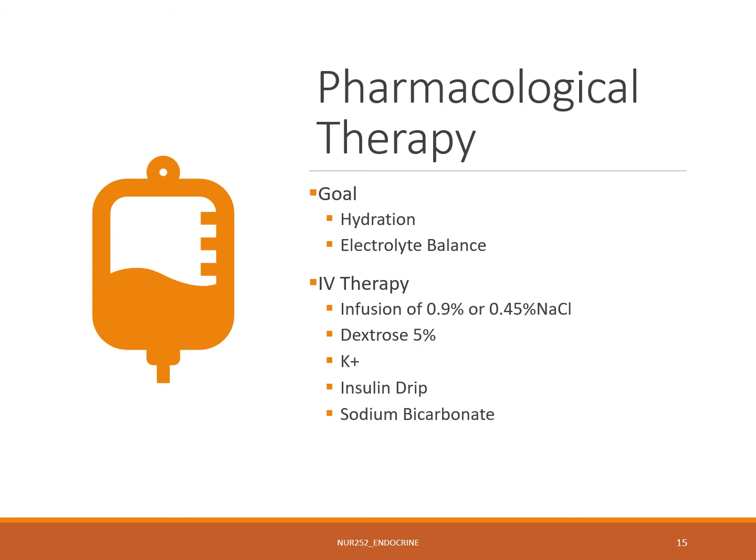Early potassium replacement is essential because hypokalemia is a significant cause of unavoidable death during treatment of DKA. So just remember, potassium must be at least 3.5 before insulin can be given.